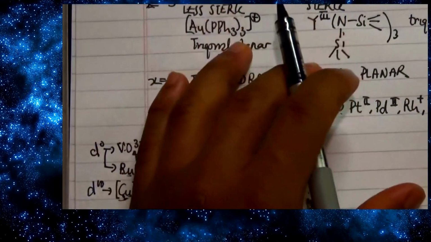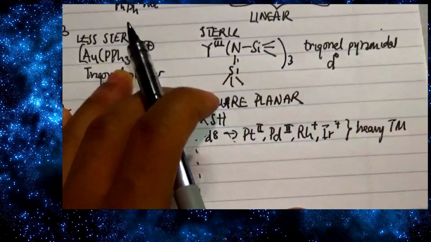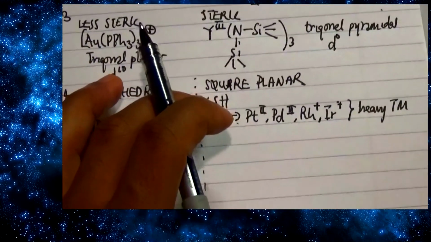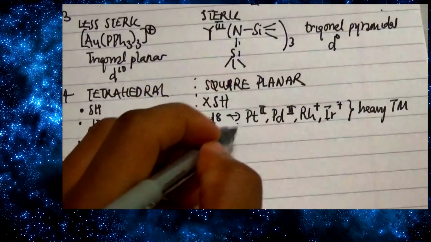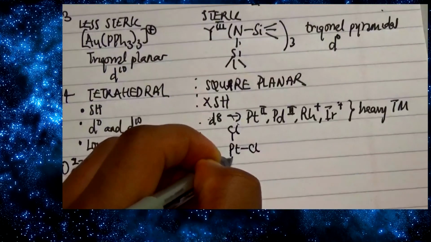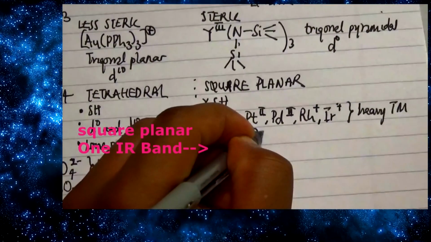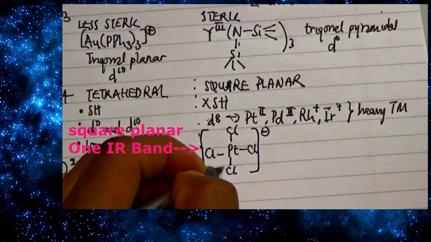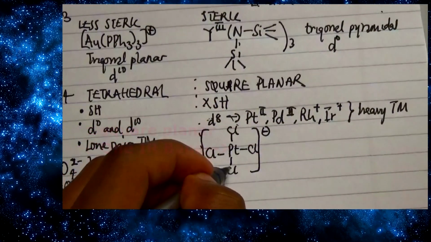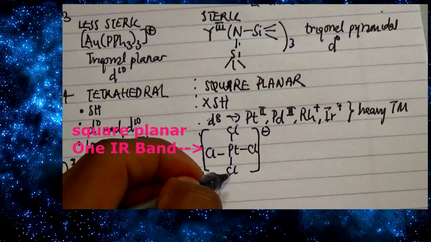Now, in this other part here, we have a particular example that is related to platinum, and this is actually related to platinum chloride. All the chlorine atoms that are 4 in here, and this has an overall charge of 0. This actually has a square planar shape with a 1 IR band.